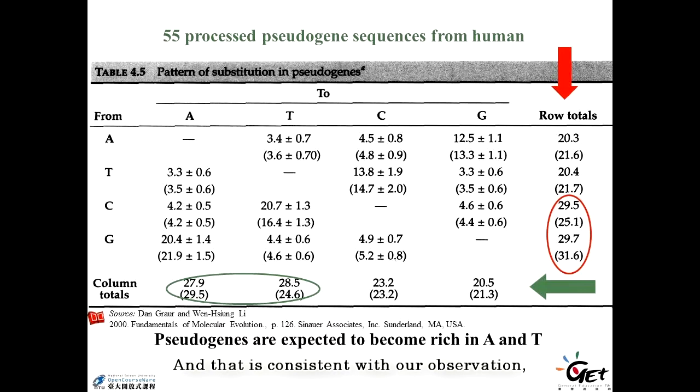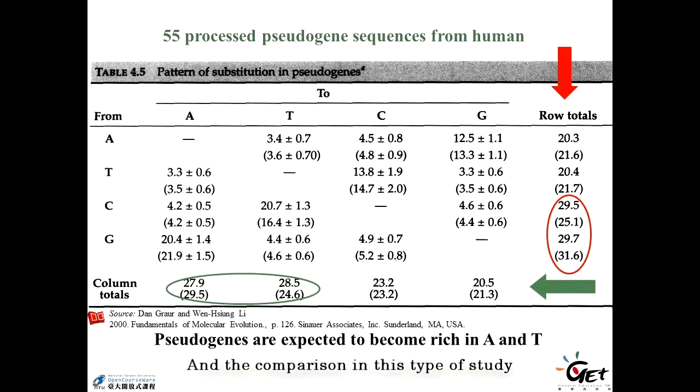And that is consistent with our observation. The functional genes, the protein coding genes, are slightly enriched in GC sequences. So these are the observations, and we do see the opposite pattern at the pseudogenes.